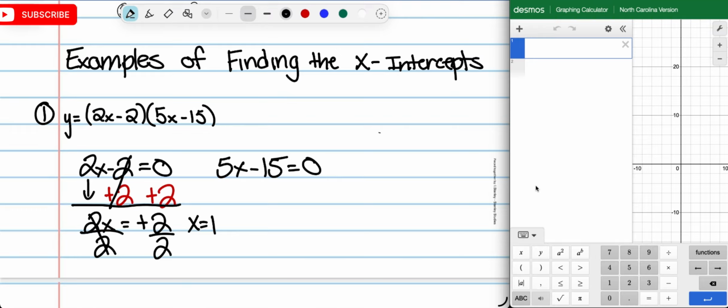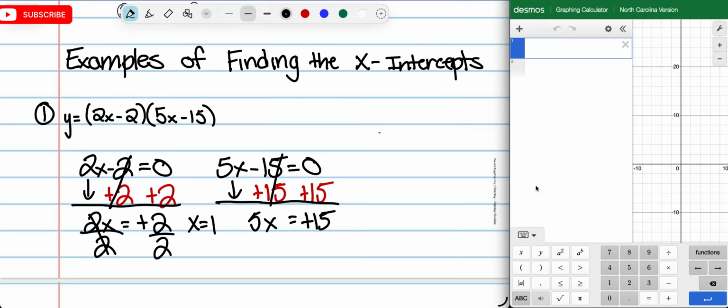On the other side, we add 15 to the other side, or move 15 to the other side of the equal sign, because we want to do everything we can to get x by itself. So my 15s have been moved. That gives me a positive 15 on that side because it's 0 plus 15, and then I can bring down my 5x.